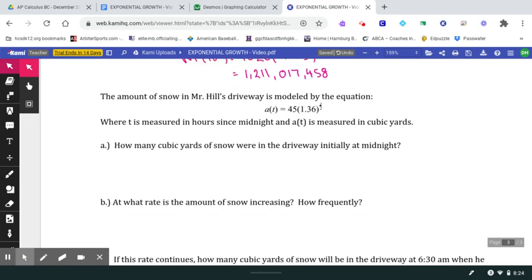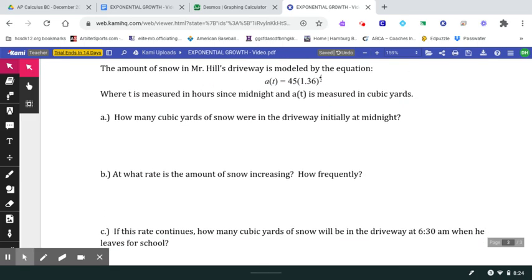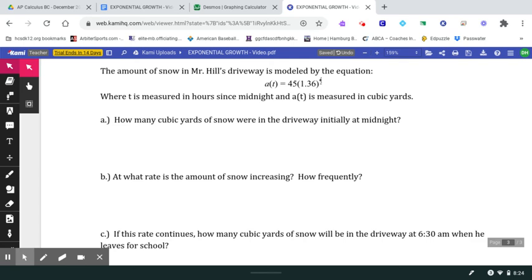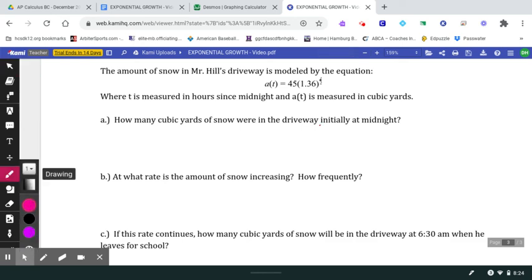All right. The amount of snow in Mr. Hill's driveway is modeled by the following equation, where T is measured in hours since midnight and A of T is measured in cubic yards. How many cubic yards of snow were in the driveway initially at midnight? Whenever you see the word initially, and T was defined as hours since midnight, we're implying that T equals 0.